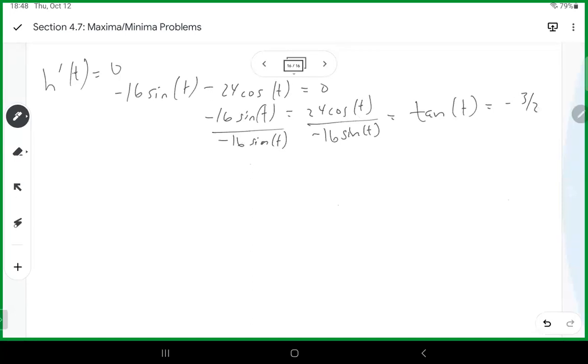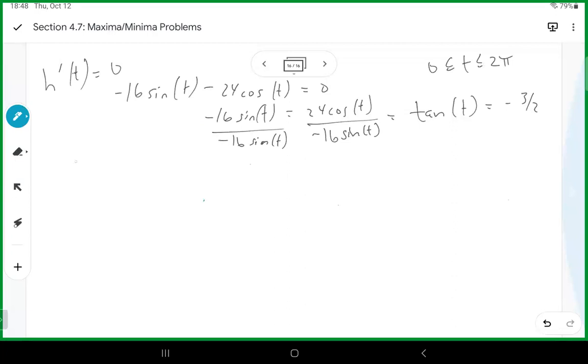All right, this equation has two solutions over the interval. So again, we're looking at 0 to 2 pi. So one of the solutions, we'll just do it for both.